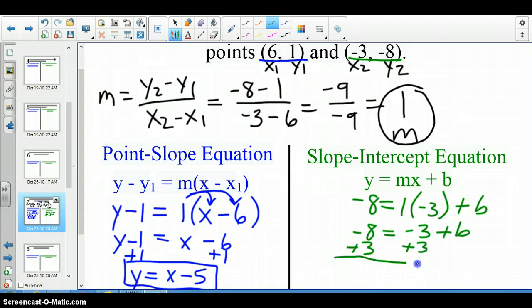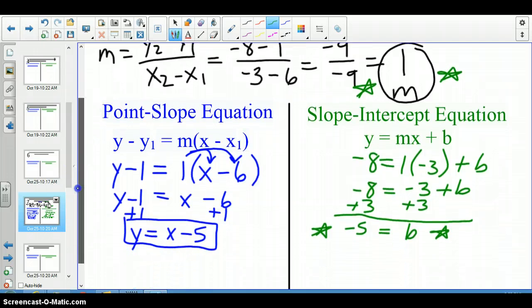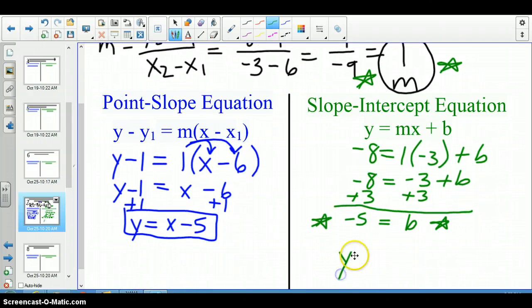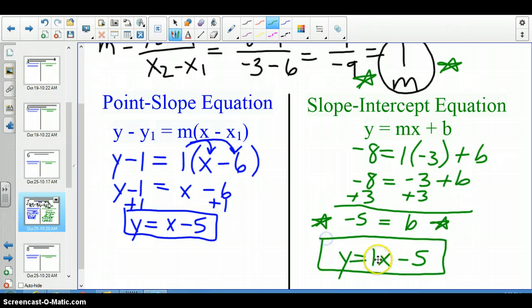Then we use our b, our y-intercept, and our slope to write our new equation. So I've starred those. So I have y equals my slope 1 x plus b, so minus 5. Same exact answer. Remember, you don't need to put that 1 there, but if you do, that's fine.